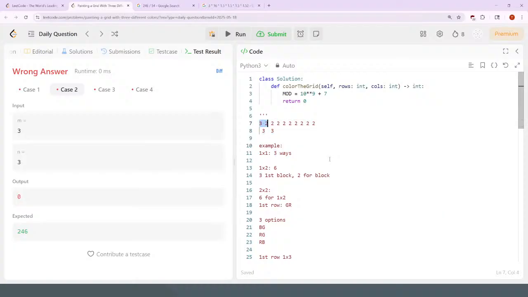Because this row is symmetric with this row. The first thing is symmetric with the second row. So how is it not just multiplying by 3 more each time?